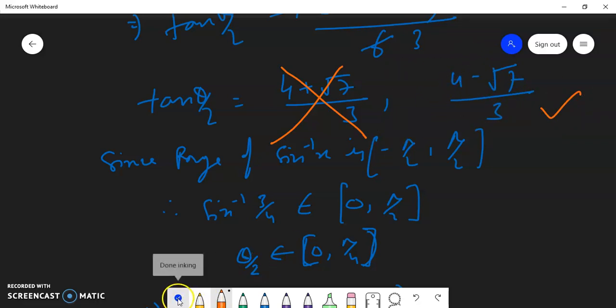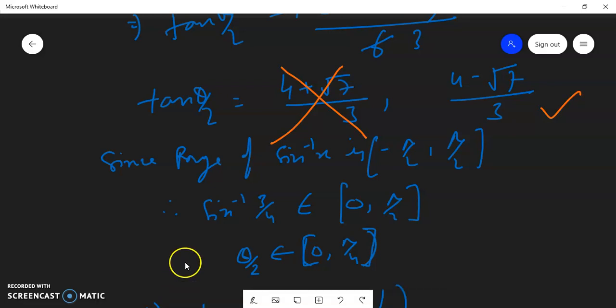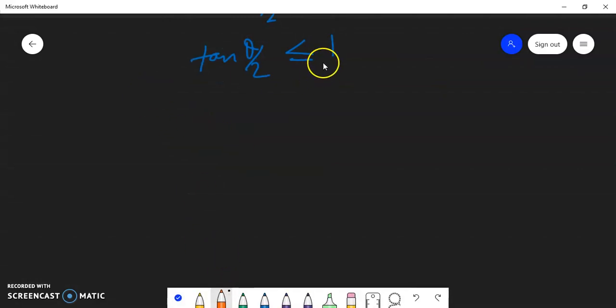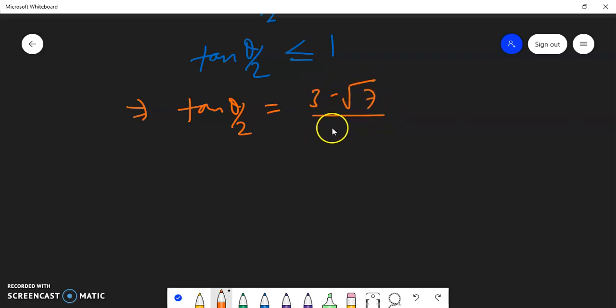They were saying justify, so this is the justification. You will say tan theta by 2 should be 4 minus square root 7 by 3. So the other one is rejected, right?